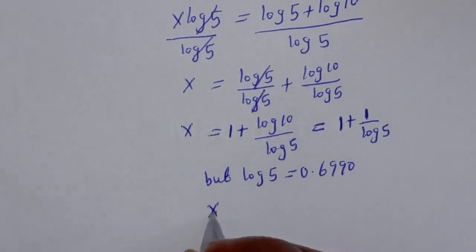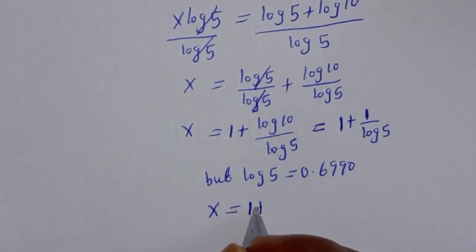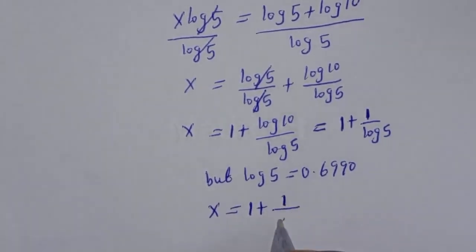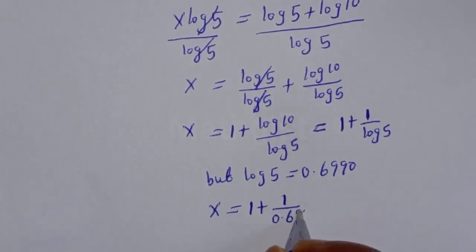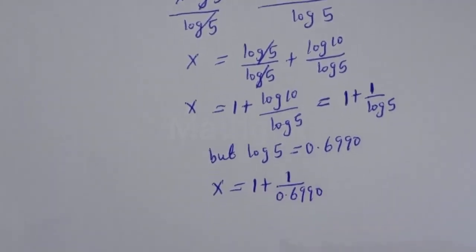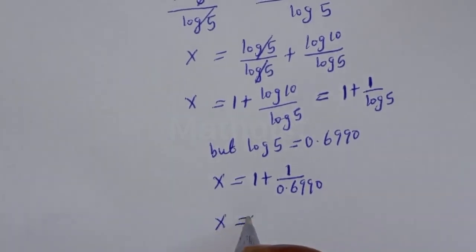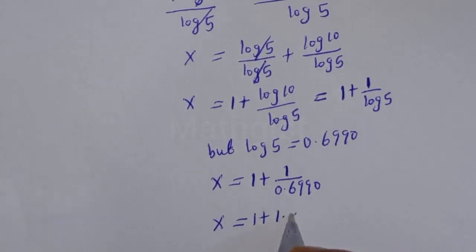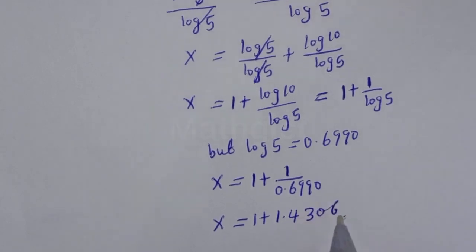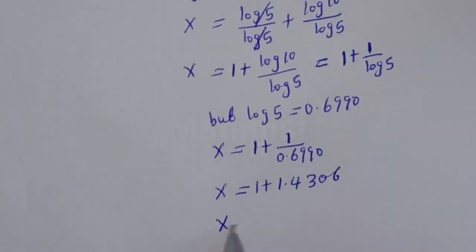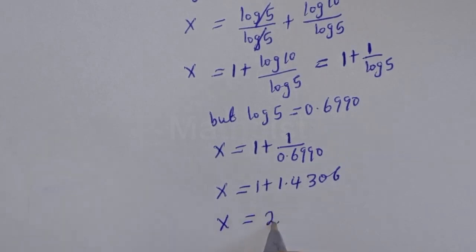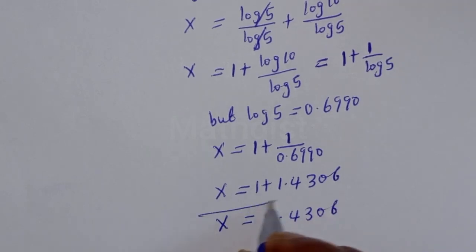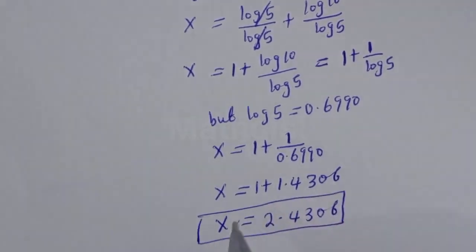Then s is equal to 1 plus 1 divided by 0.6990. S will be equal to 1 plus 1.4306. Then s is equal to 2.4306. This is the final answer.